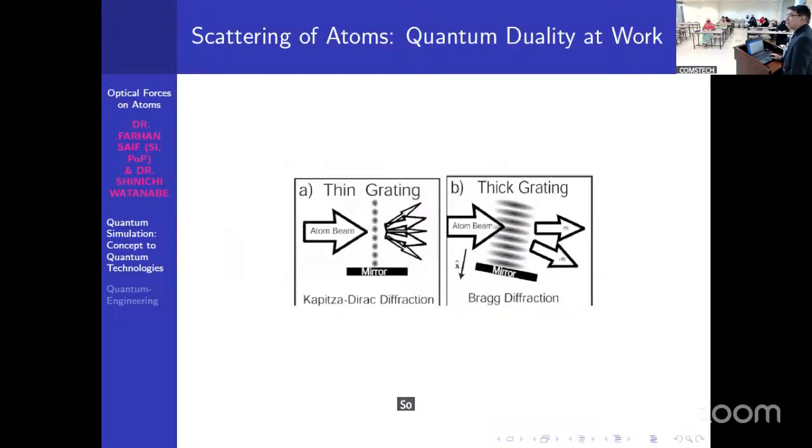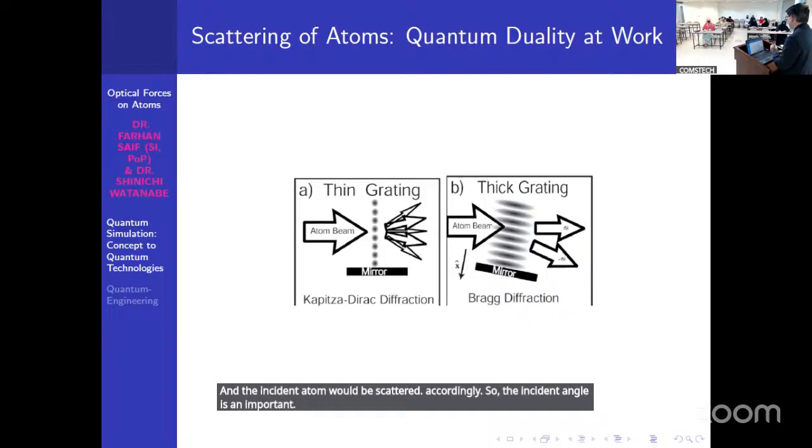Another thing we were talking about yesterday was the scattering phenomenon. We were saying that if a beam of atoms comes and interacts with a standing wave field, this standing wave field acts like a diffraction grating, and the incident atoms are scattered accordingly. The incident angle is an important quantity in this discussion.